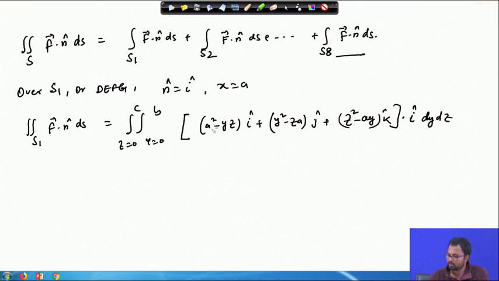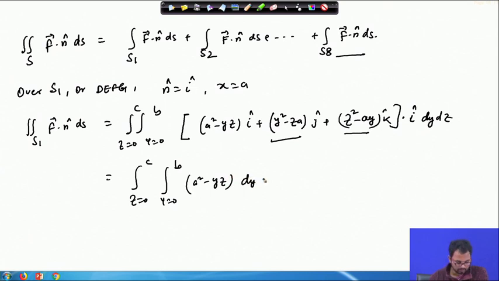When we take the dot product, these two terms will vanish, and therefore we have z running from 0 to c and y running from 0 to b of (a square minus y z) dy dz. Now, we integrate with respect to z first and then with respect to y, it is up to us, and ultimately we obtain a square b c minus c square b square by 4.